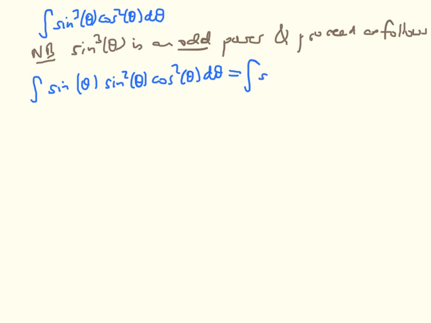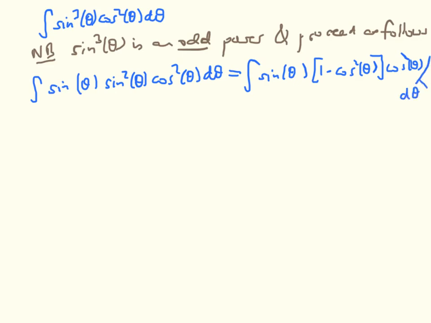We have the sine of theta. The sine squared becomes 1 minus cos squared. And cosine squared of theta is already in the form we want, and then this is integrated with respect to theta.